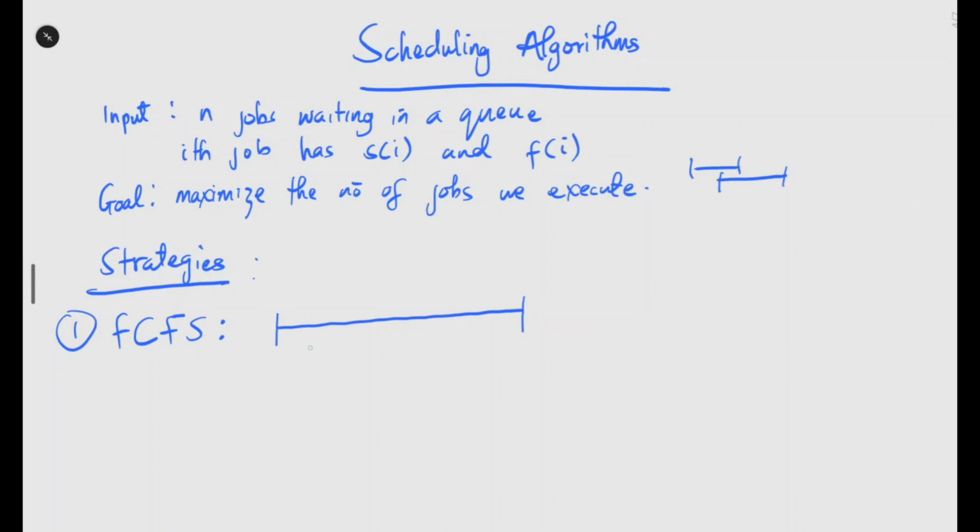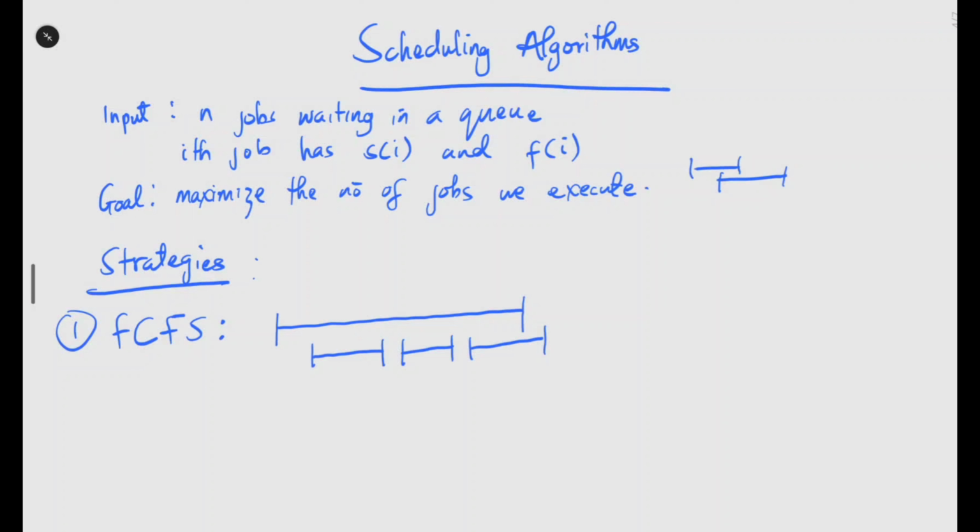Let's say this is the first job, then this job, then another job, then another job. Using this strategy, this job comes first, then this one, then this one, then this one. But then we see that our first job tends to execute forever.